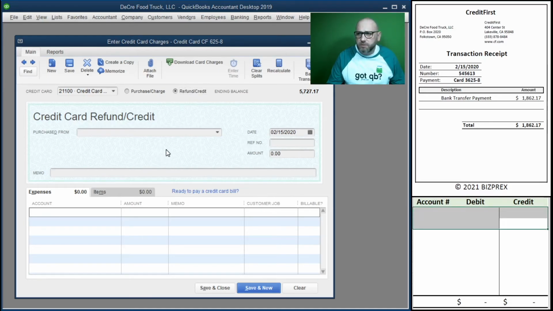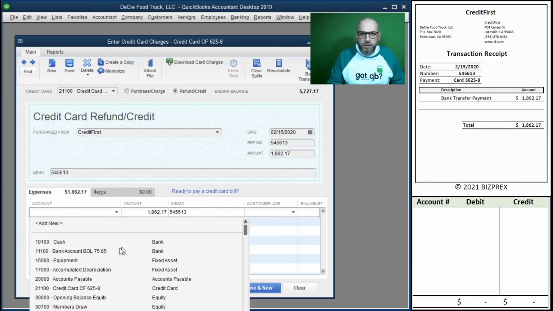So let's go ahead and do that, and we'll see in a second. So what we have here is the opposite behavior on the interface to what we have when we have purchases or charges, right? And again, this is coming out of our bank account.